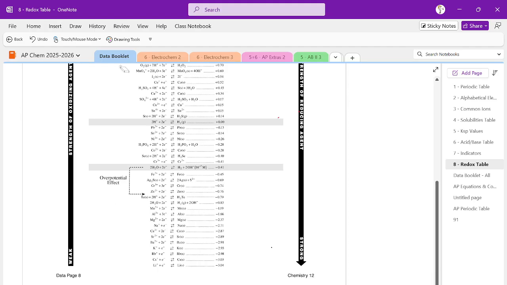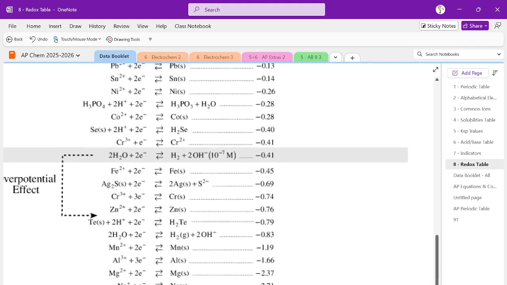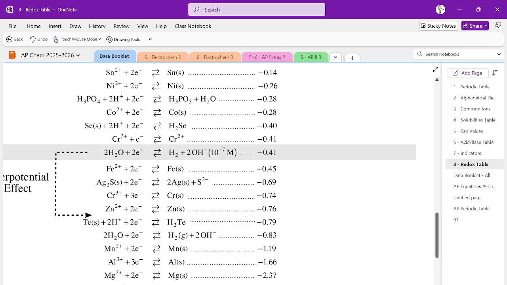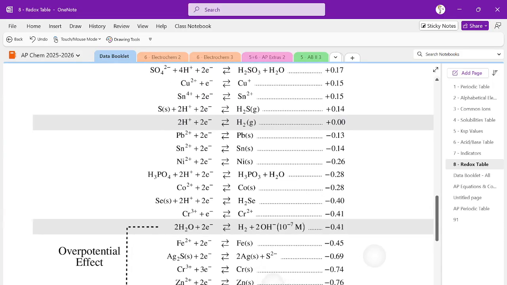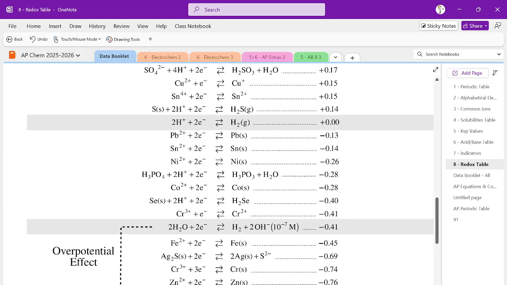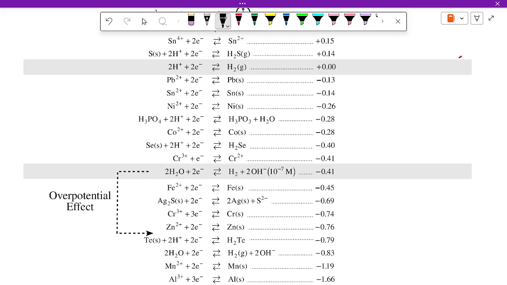All right, and let's all find Fe2+ on here. There is one of them right underneath water here. Okay, so here is an Fe2+.